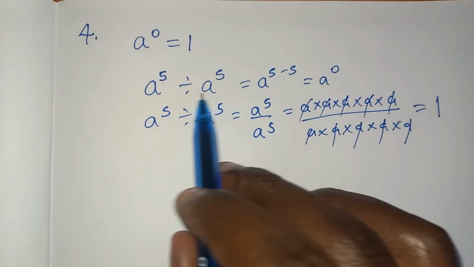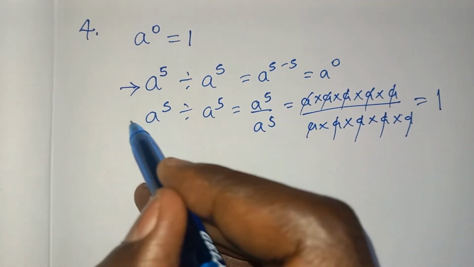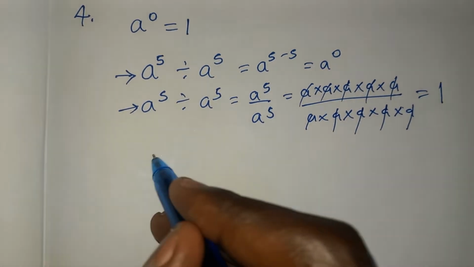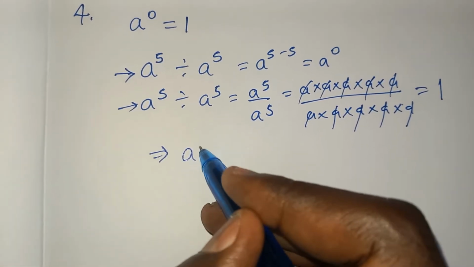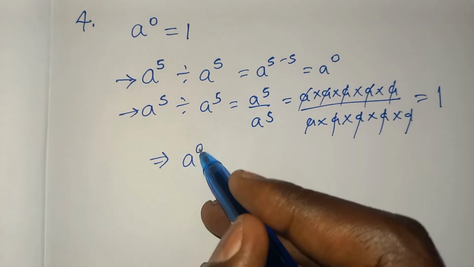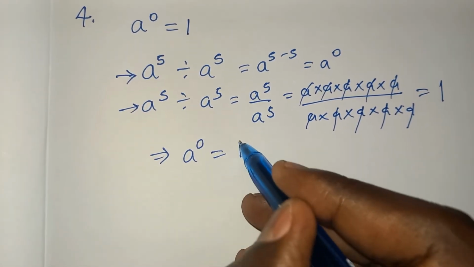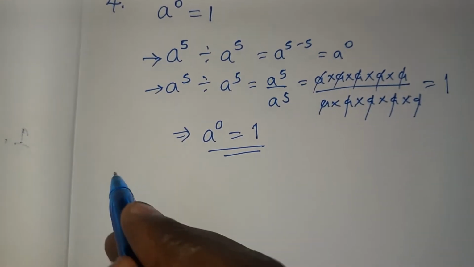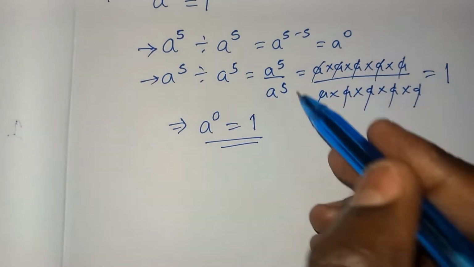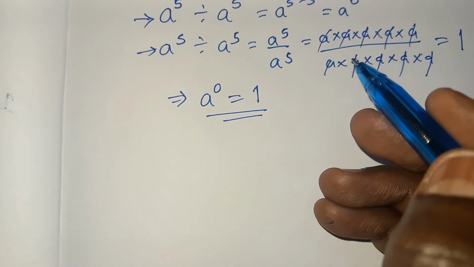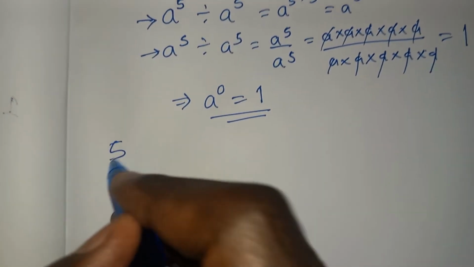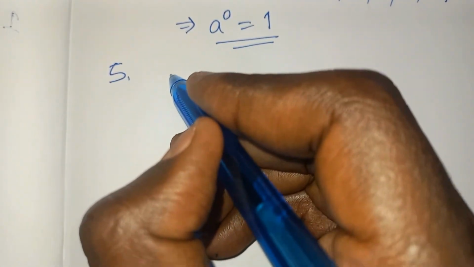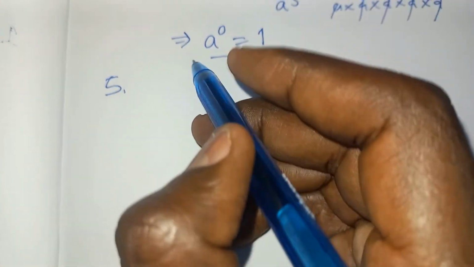So since these two expressions mean the same thing, you can therefore say confidently that when you raise a base to the power 0, the result will be 1. So that's all for the zero power rule. Now, number 5, let's look at the negative index rule.